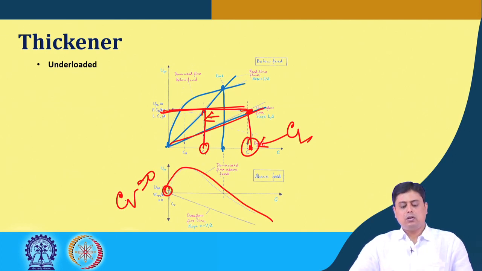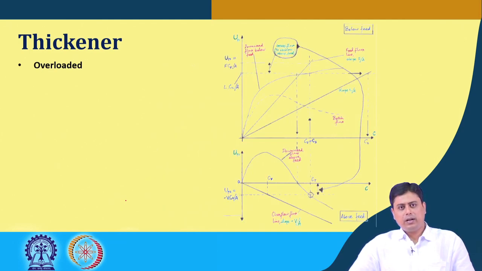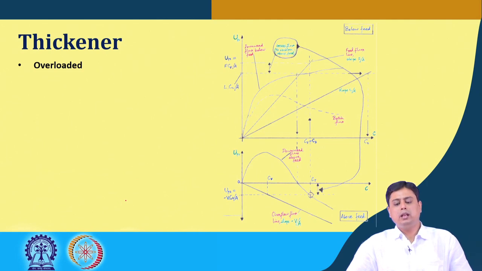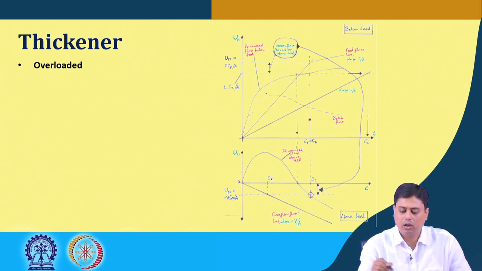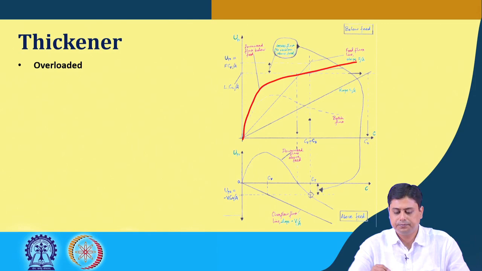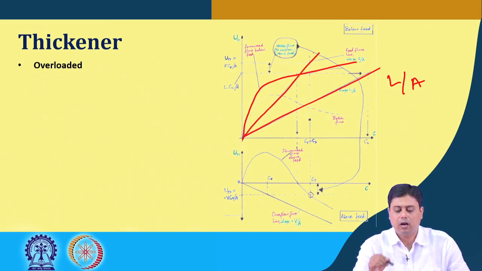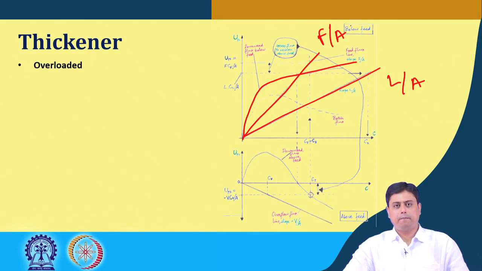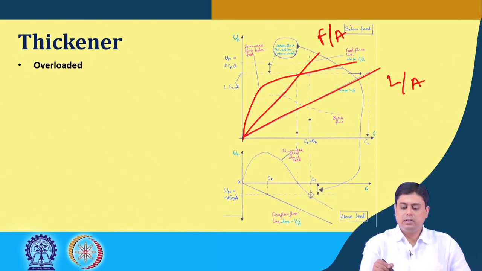So what happens in the overloaded condition? Again, if we draw those curves, this is the downward flask below the feed total flask, this is a line with slope L by A, this is the line with slope F by A, which means our critical point is this one.